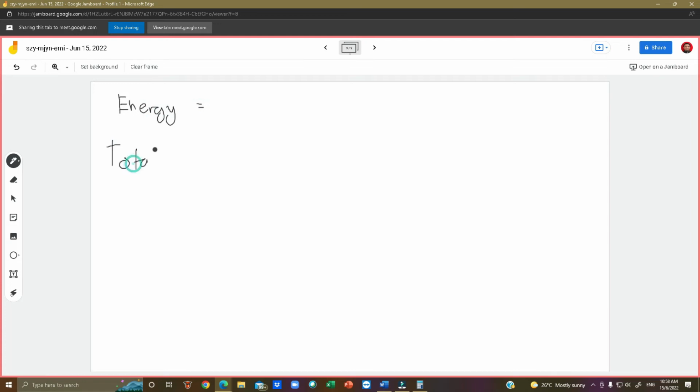Okay, total energy equals to PE plus KE plus TE. But this TE is byproduct. Okay, that TE is byproduct. Contoh, bila kita bergerak, kita akan menghasilkan haba. Sometimes the haba is more, sometimes the haba is less, accordingly to the amount of movement being made.